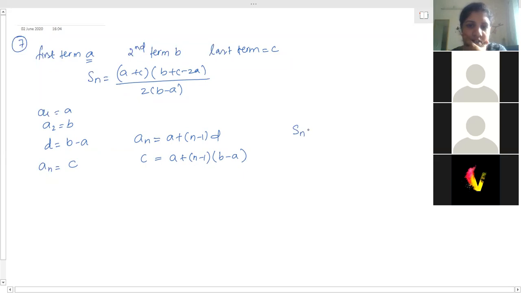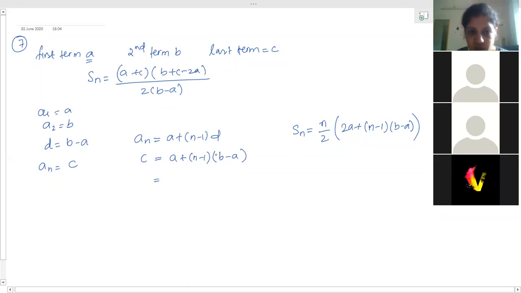First, let me check. Sn is equal to n by 2 into (2a plus (n minus 1) into d). n is not there, so we have to replace n. d is b minus a. c minus a is there. So here the n value we have to calculate from this, because in this equation you don't have n.